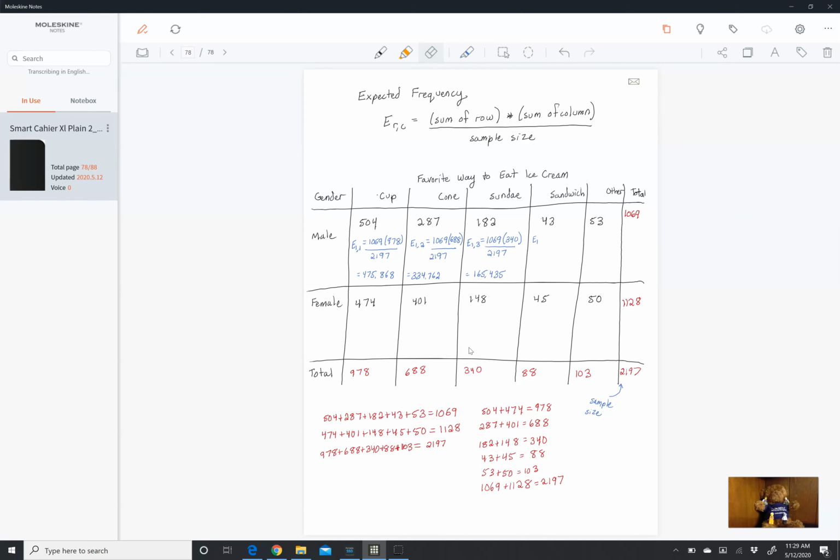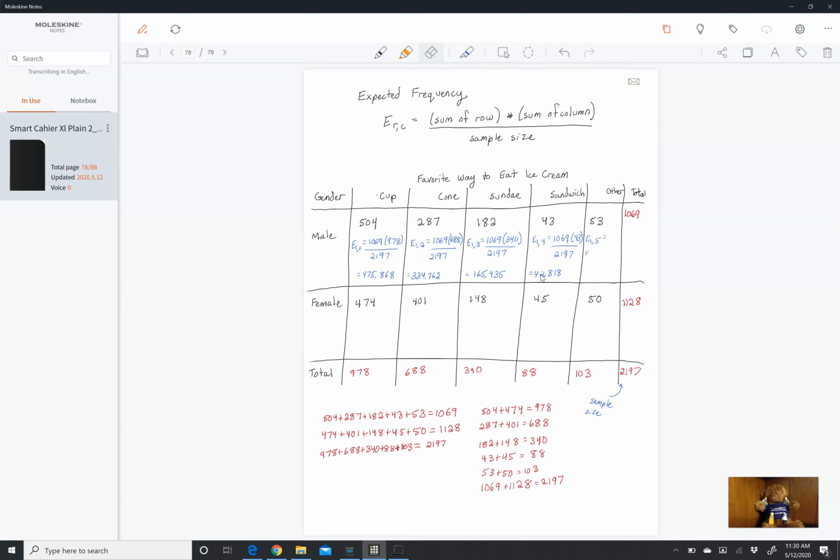Here, row 1, column 4. So now it's 1069 times 43 over 2197. This gives us 42.818. And finally, last one. So this is 1,5.